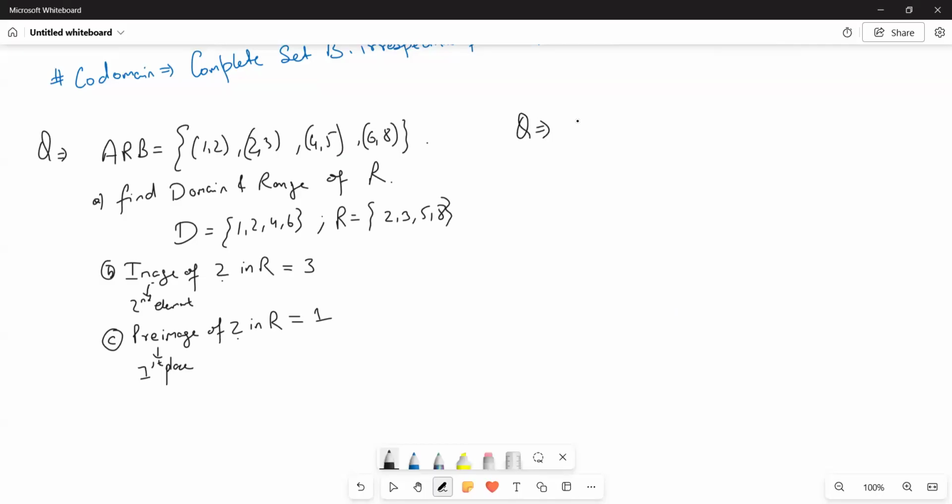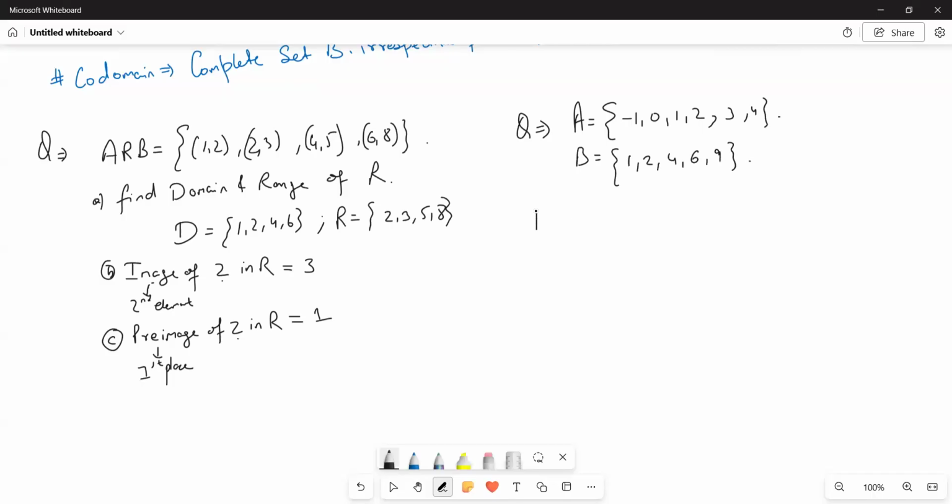Okay, next question. Suppose we have a set A which is defined as -1, 0, 1, 2, 3, 4. And we have a set B which is defined as 1, 2, 4, 6, 9.